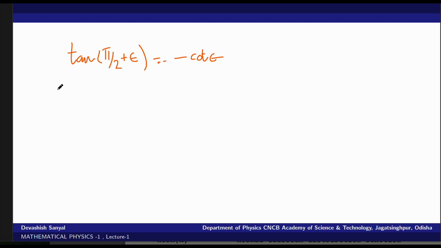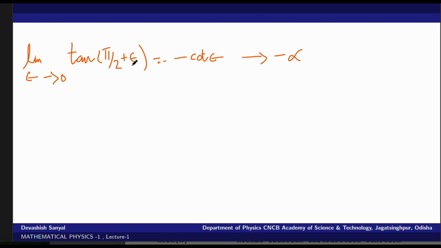So if I take the limit epsilon tending to 0, then what happens? What is cot 0? Cot 0 is infinity. So this one tends to -infinity. Tan 0 is 0, so cot 0 is infinity, so this one becomes -infinity.